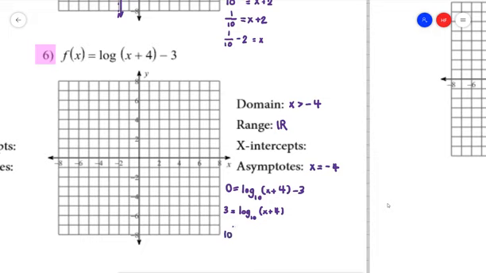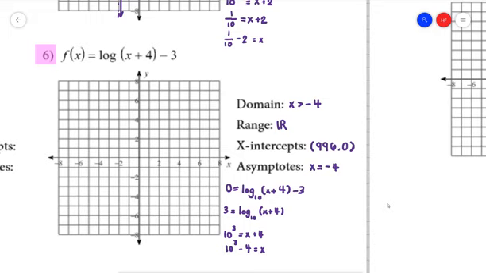Convert. So 10 cubed minus 4 is what our x value is, which is 996. So again, we're way out there on the x-axis for where we're going to be crossing.